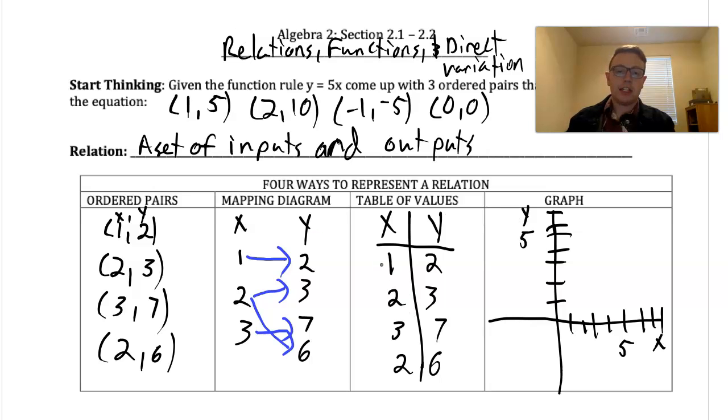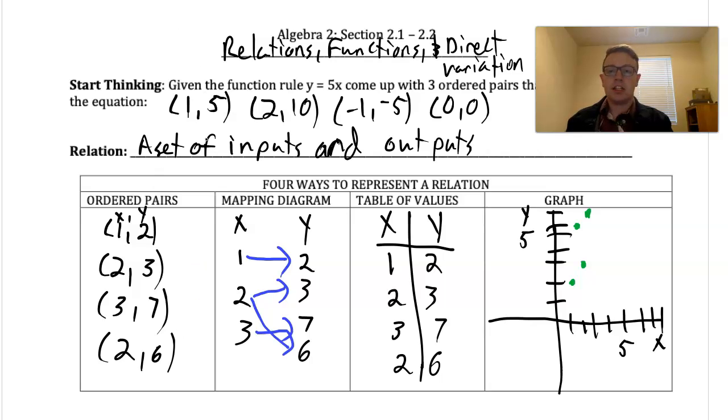The first point is x is 1, y is 2. Next one is x is 2, y is 3. And we have 3 and 7, but we also have 2 and 6.